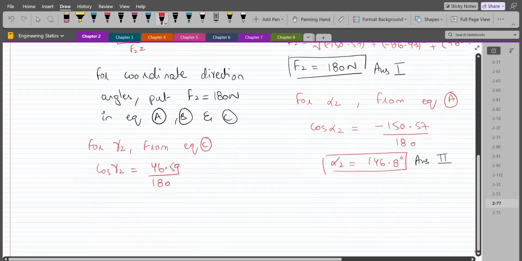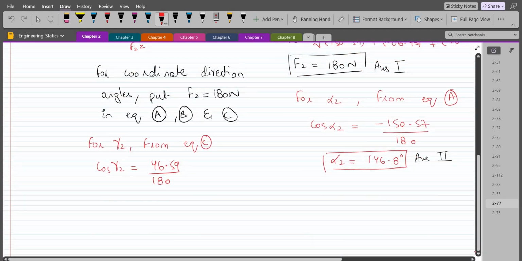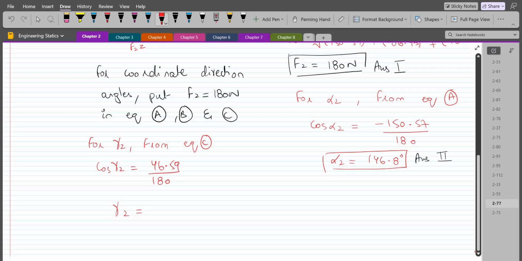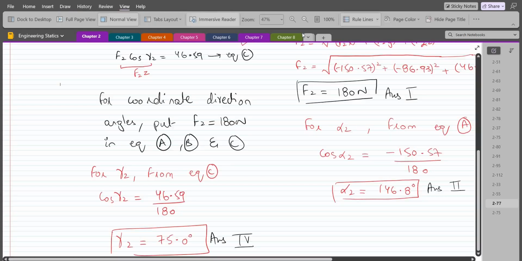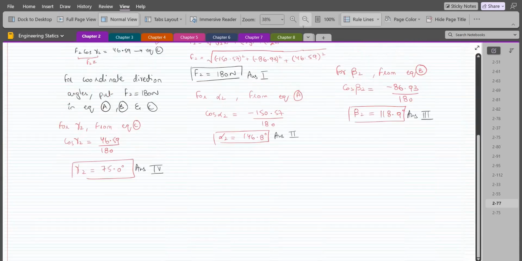If you take the cos inverse of 46.59 over 180, then you would get gamma 2 as 75 degrees. So this is our fourth answer. This is it for this problem.